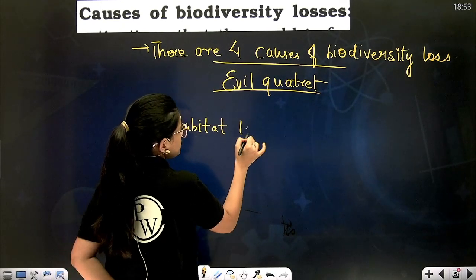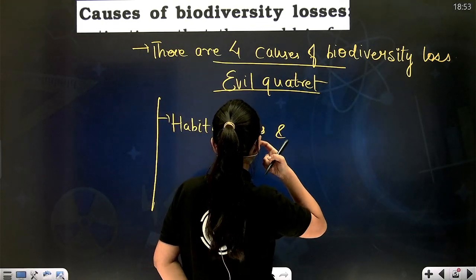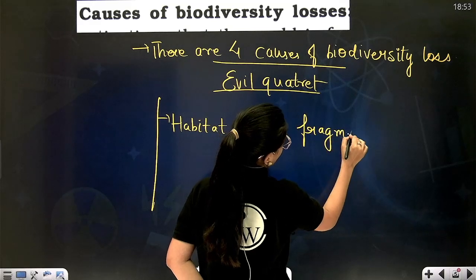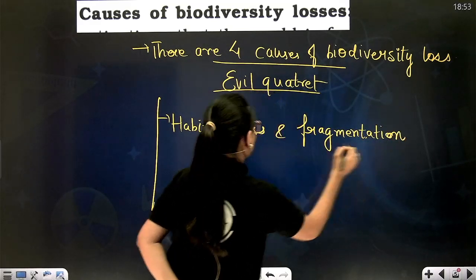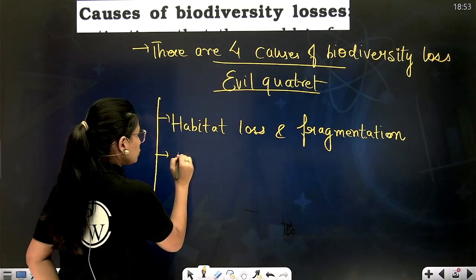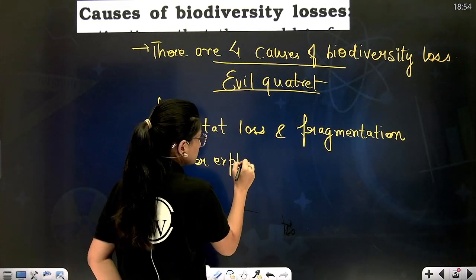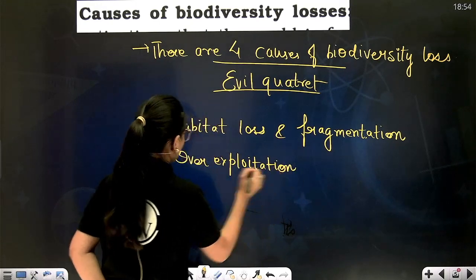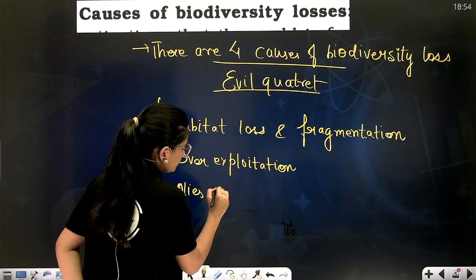Number 1 is habitat loss and fragmentation. Number 2 is overexploitation. Number 3 is alien species invasion.